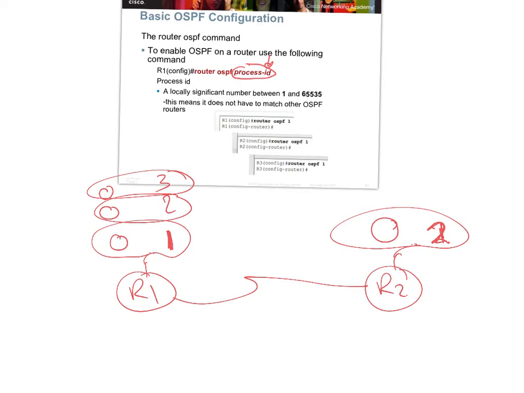Unlike EIGRP, the 2 autonomous system numbers have to match in order for us to consider each other neighbors. And that's why we call it an autonomous system number, clearly, because it has to match between 2 routers. For OSPF, it's called process ID because it's only used for parallel computation.